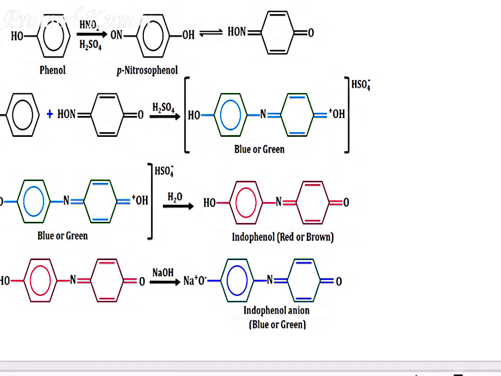This intermediate that is formed will react with another phenol. So the intermediate which is formed in the first step will react with the phenol moiety.